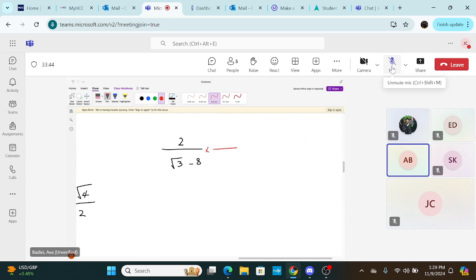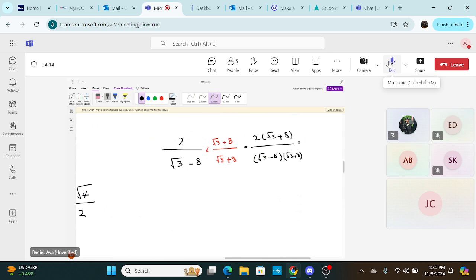So if you remember, the conjugate of this is going to be square root of 3 plus 8. When I multiply these conjugates in the top, I'm going to have this expression. In the bottom, square root of 3 minus 8, square root of 3 plus 8.